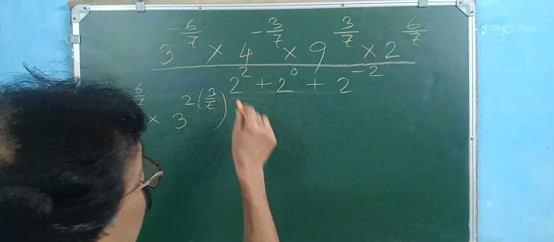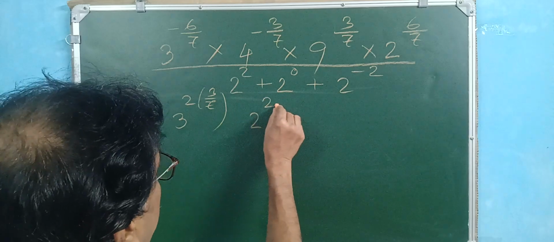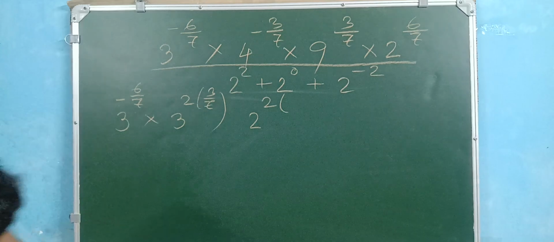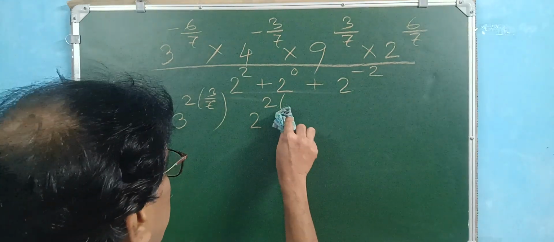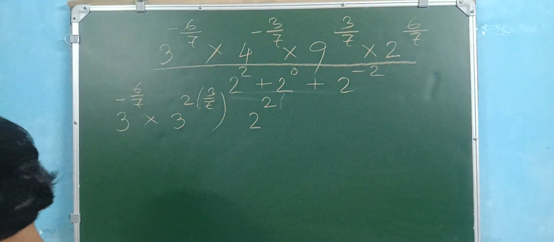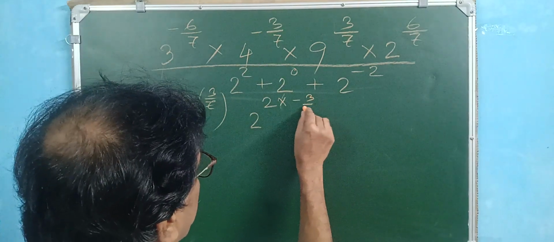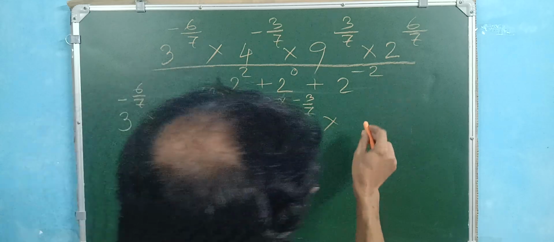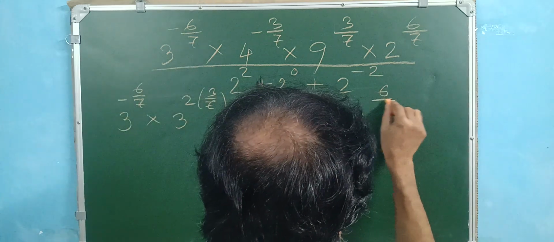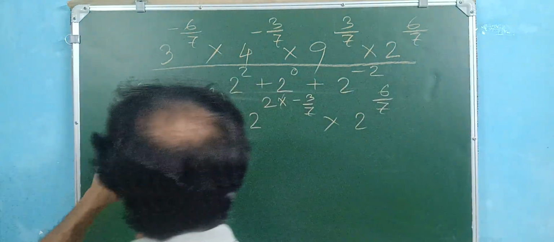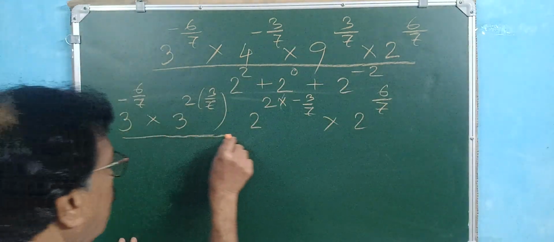Now this is 4, you see, 2 square, to the power minus 3 by 7, and this is 2 to the power 6 by 7. Just I convert to the same base. And now you already solved this.